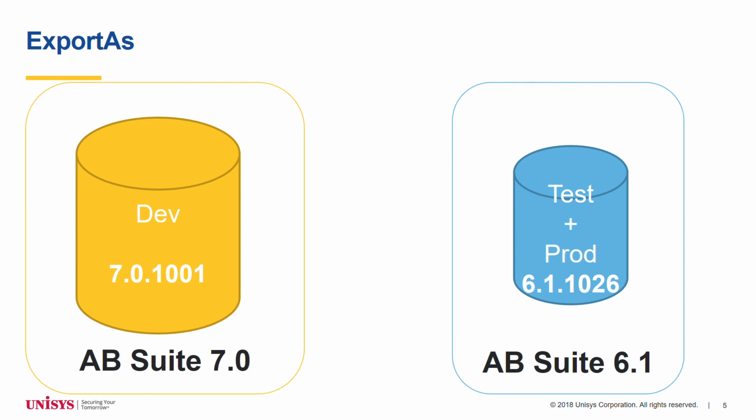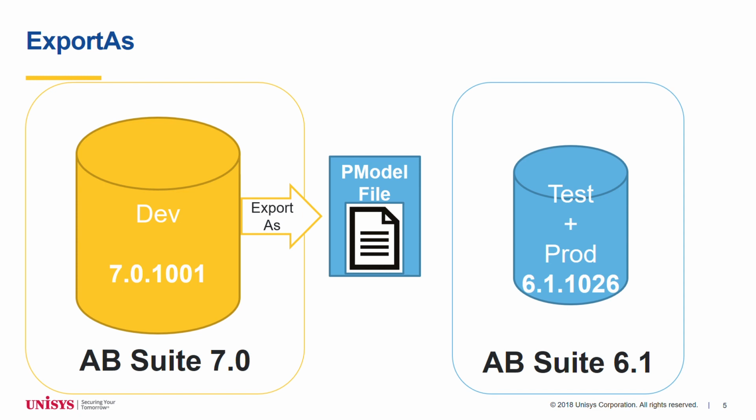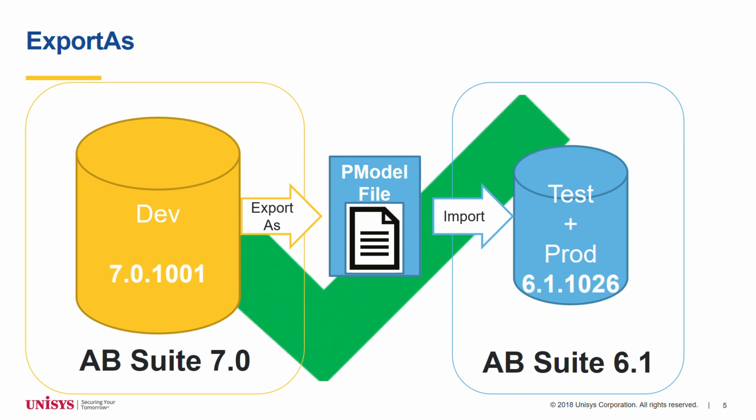AB Suite 7.0 provides the ability to not only export from a higher IC and import to a lower IC, but to export from a higher release and import into a lower release. That is, from AB Suite 7.0, changes to an application can be exported and imported back into 6.1.